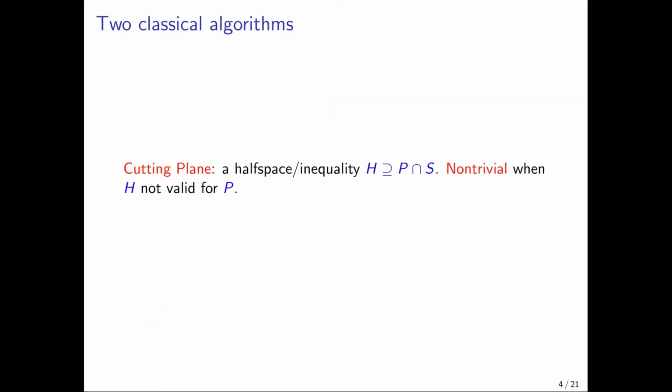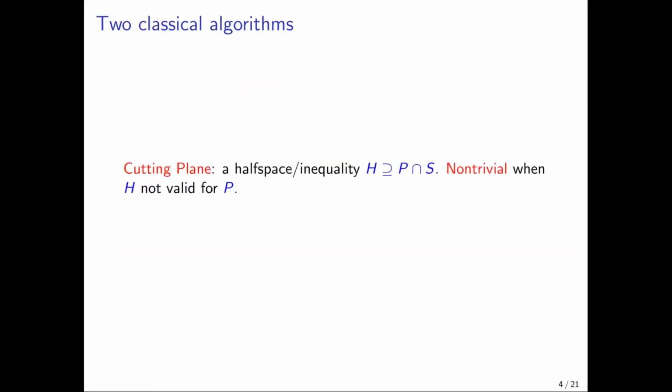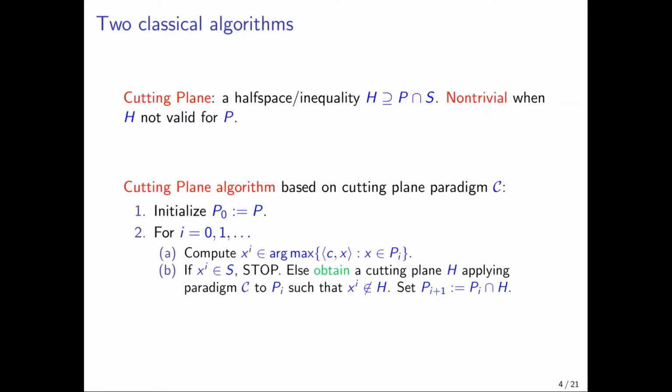I'm going to go through some very simple definitions, which are clear to everybody here, I'm sure, just to set down notation and terminology. What is a cutting plane? A cutting plane is any linear inequality or half space that is valid for all the feasible points. It's non-trivial if it actually cuts off something from your convex relaxation. A cutting plane algorithm iteratively solves your convex relaxation; if the solution doesn't satisfy your non-convexities, then you add a cutting plane to cut that point off, and you keep repeating.